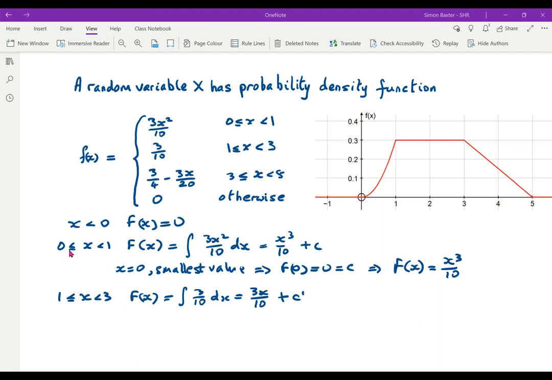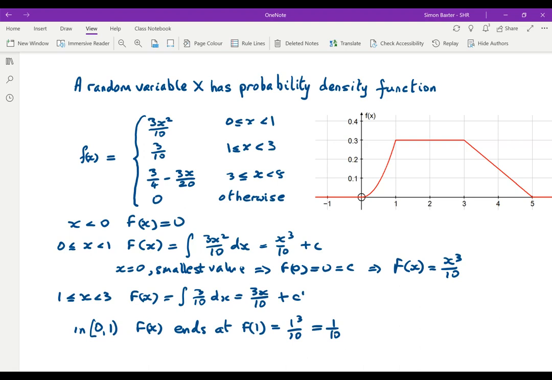In the interval 0 to 1, F of x ends at F of 1, or as close as you like to it if you're going to be particular, and therefore F of x ends at 1 over 10. 1 cubed over 10 is 1 over 10.